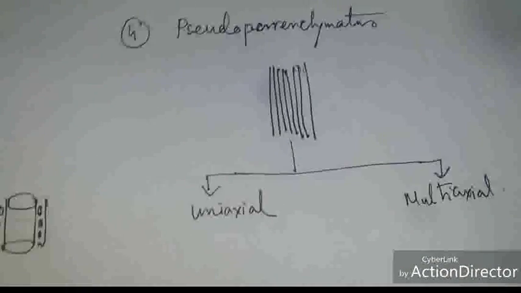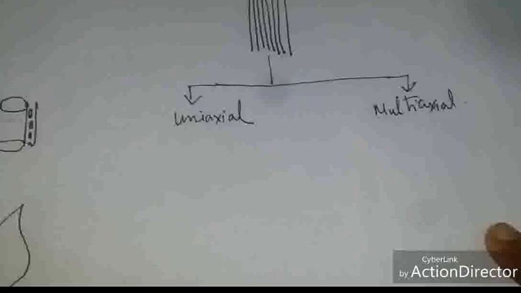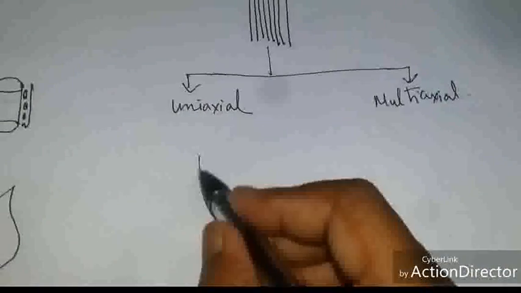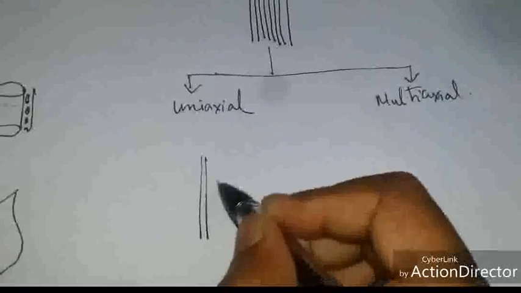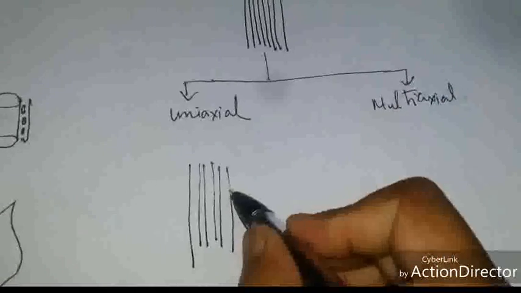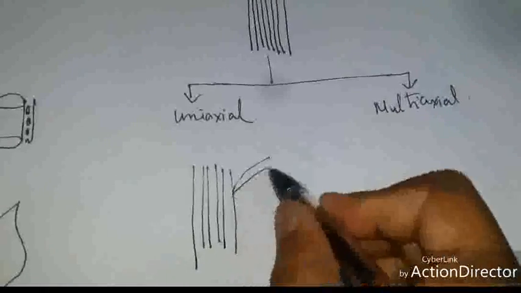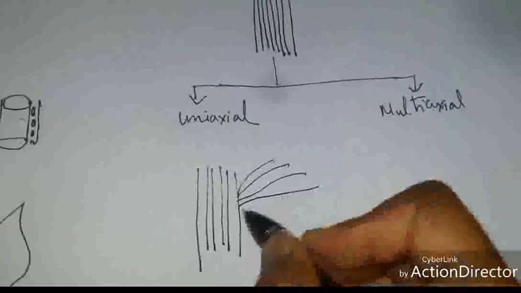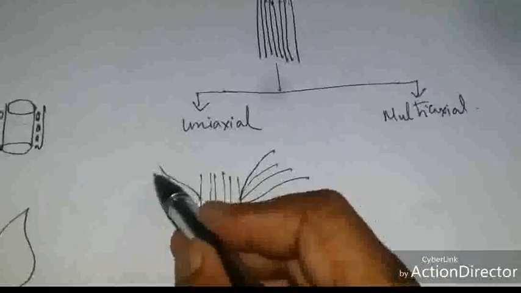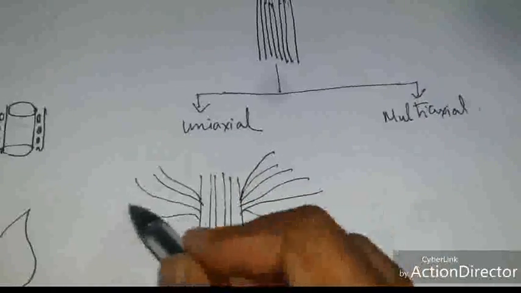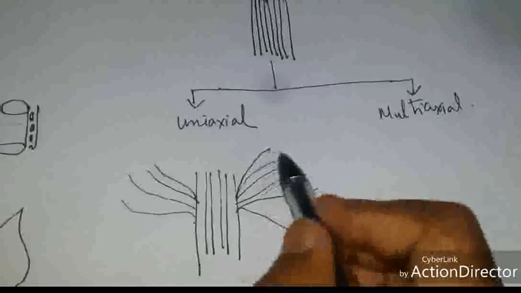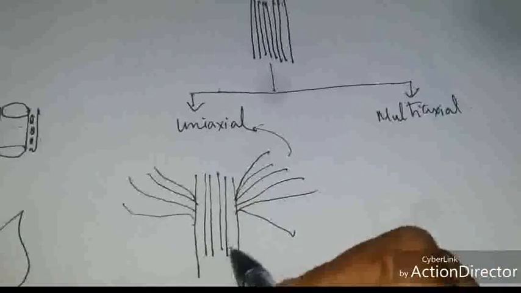So in uniaxial, from the main axis, from a particular node, lateral branches arise. Not anywhere, but in a particular node, lateral branches arise. So it is an example of uniaxial type thallus.